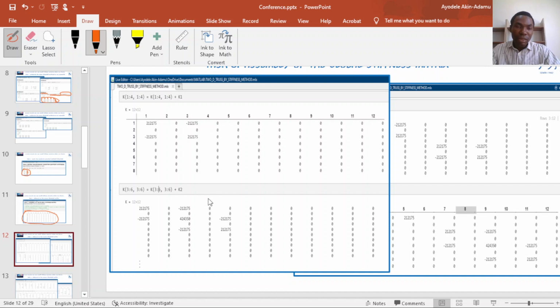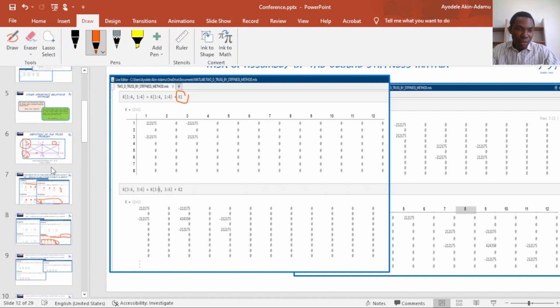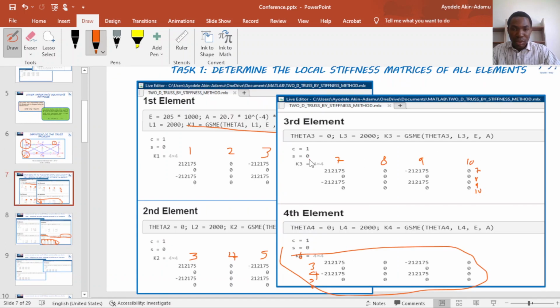Once we have created the 12 by 12 base matrix, the zero matrix, we need to add each of the local stiffness matrices to this base matrix. For element 1, which is defined as K1, I'm adding K1 to the zero matrix.